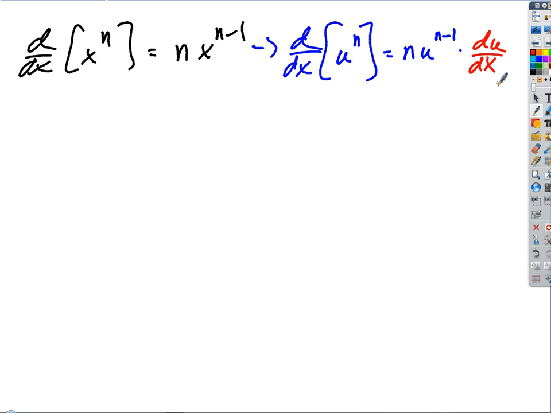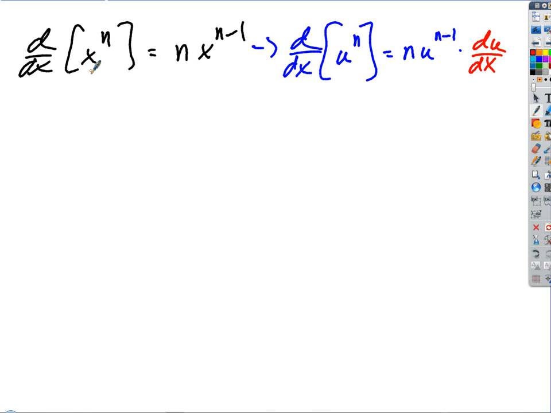That's the general form of the power rule, okay? Because we don't want to just limit ourselves to this just being an x. We want to take into account that regardless of what it is, the power rule still applies. It could be some more complicated function of x. Do you get my point?